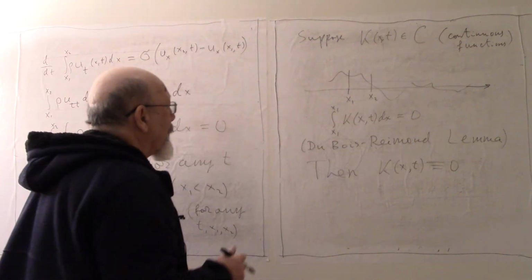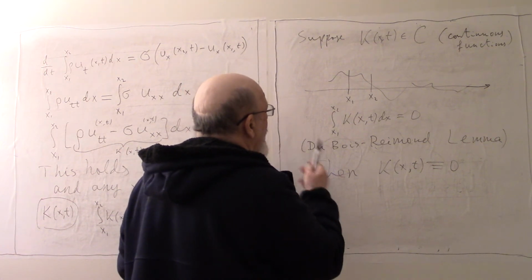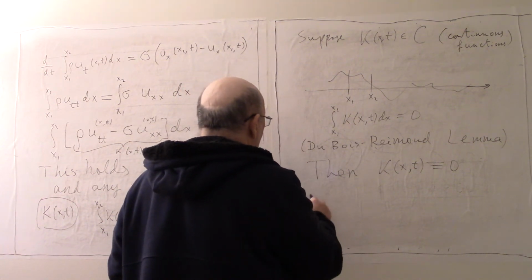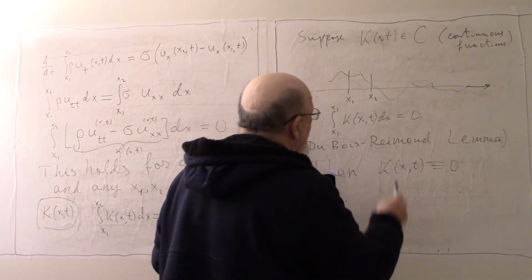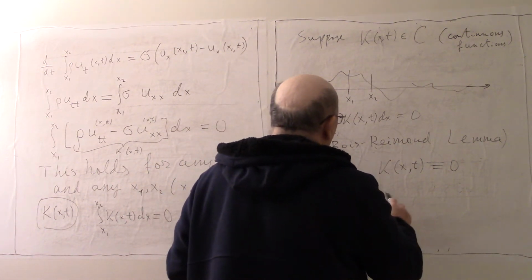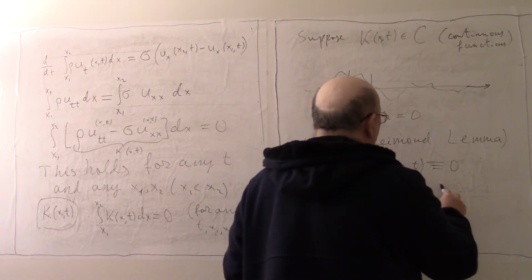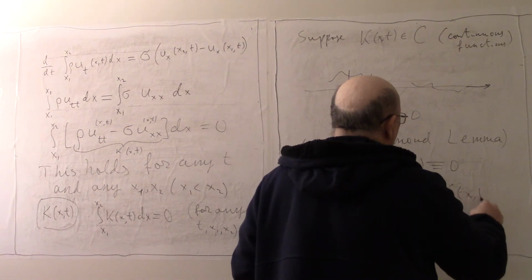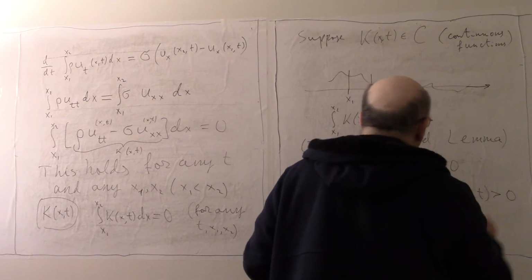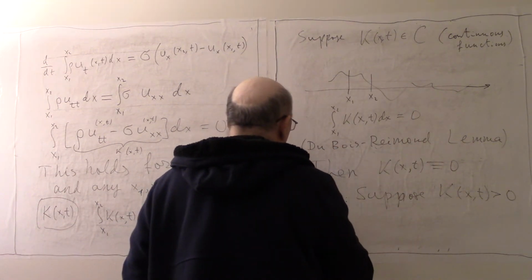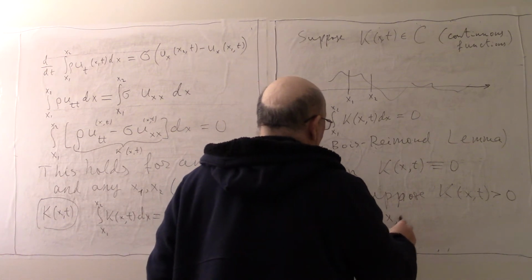The proof is not so hard. Let me sketch the proof. Suppose k(x,t) is more than 0 for some x and t.